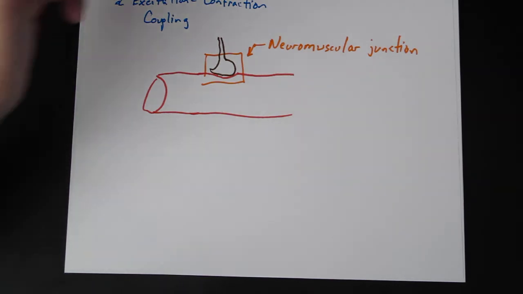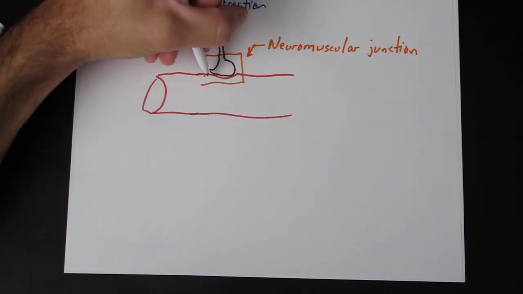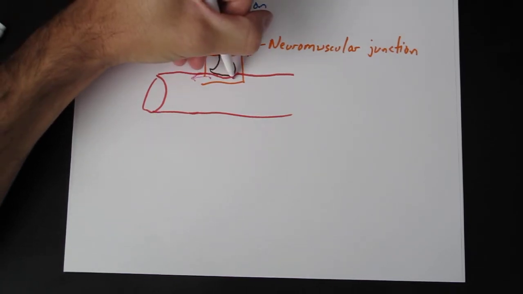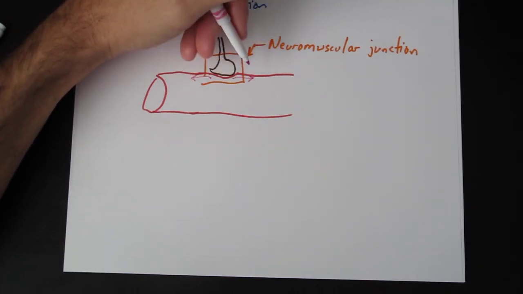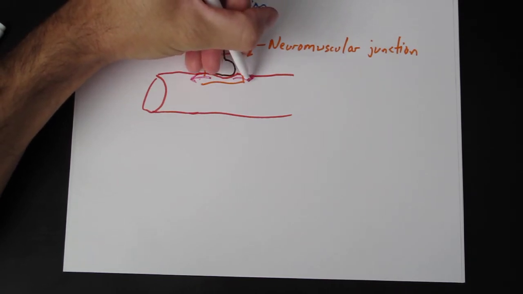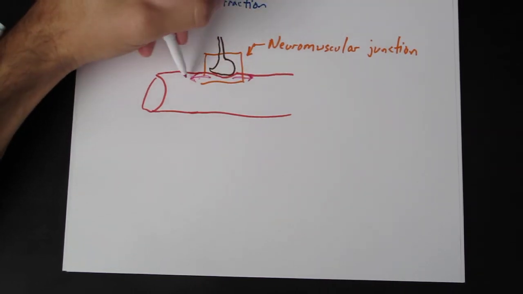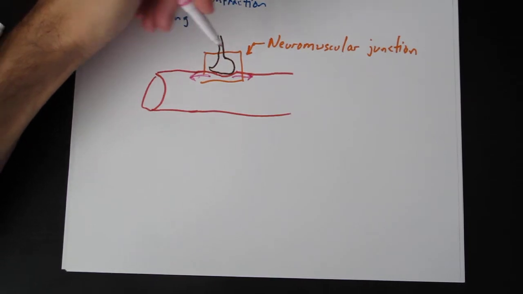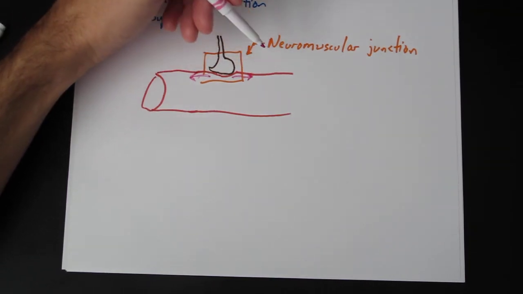All right, and if you remember back to neurons, we talked about how that depolarization would spread outward from that point, right? So it's similar to a graded potential. We have that depolarization spreading outwards. So those ripples, if you will, are now spreading outward from that point of depolarization. So the membrane is becoming depolarized here, it's becoming depolarized here.